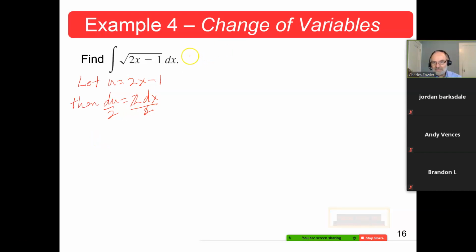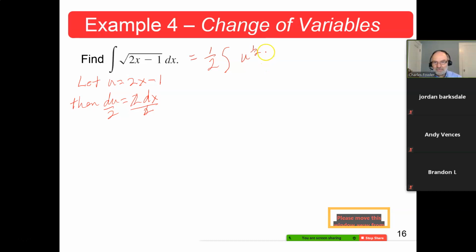So what this becomes now is, take this 1/2 on the outside, just the numerical part, 1/2 the integral, and rather than write this as a square root, I want to write it in exponential notation, so that would be u to the 1/2.